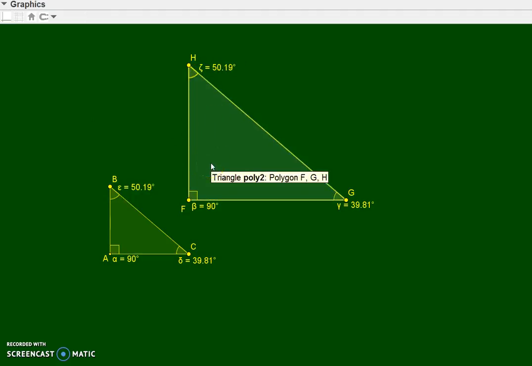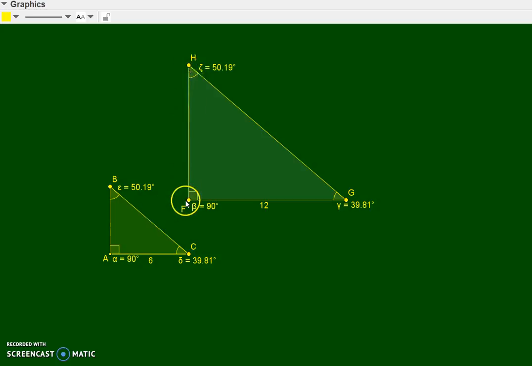Now, the idea would be that these two triangles are similar, and what that would mean then, the corresponding side lengths would have to be proportional. So let's go ahead and bring in FG and AC, and we can see our ratio 12:6, which is 2. So this shape should be twice the size of this, which means each one of these sides is half the length of this side.